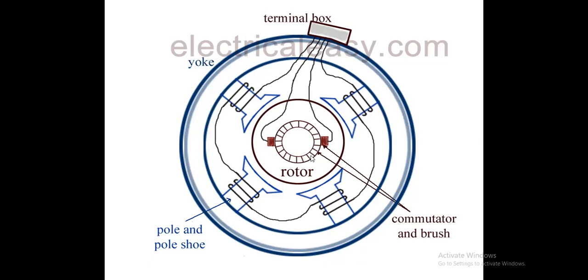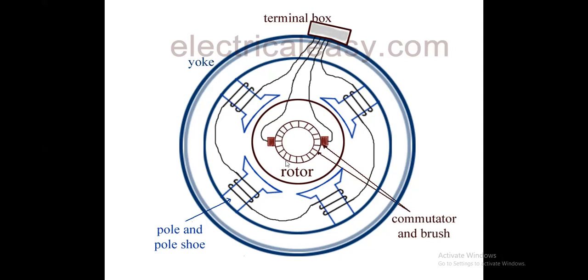This part is called the commutator, and these two things we call brushes, mostly carbon brushes. Carbon brushes are the parts on which we provide the DC positive and negative supply towards the armature coil or winding, by which the carbon brush is connected with the commutator.